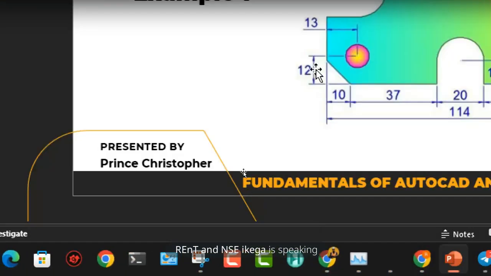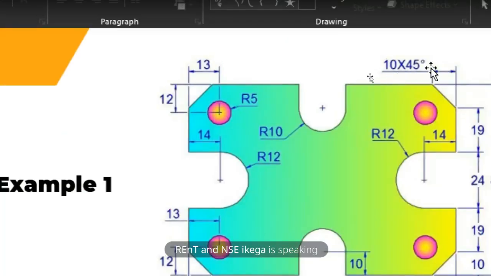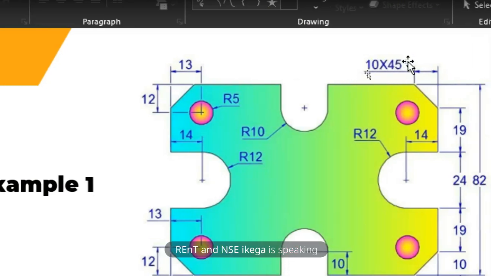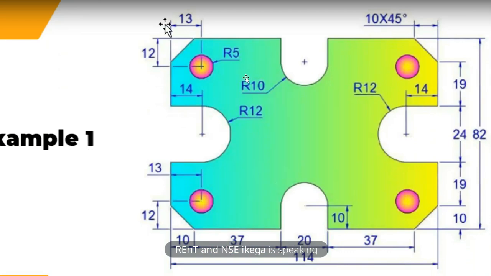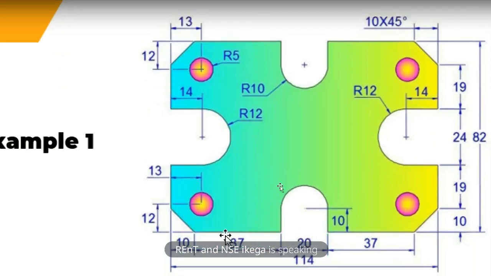Now the distance here is 10 by 10. We can also confirm it from this. It says 10 times 45 degrees angle. So it means these four angles are chamfered at a distance of 10.